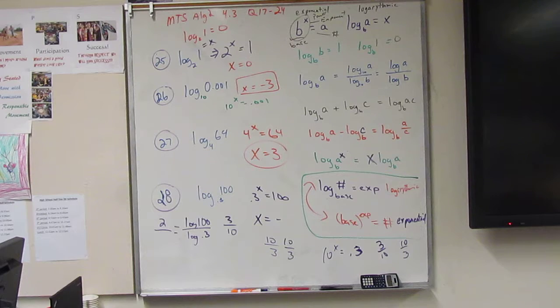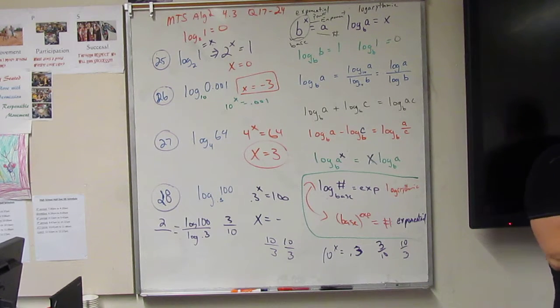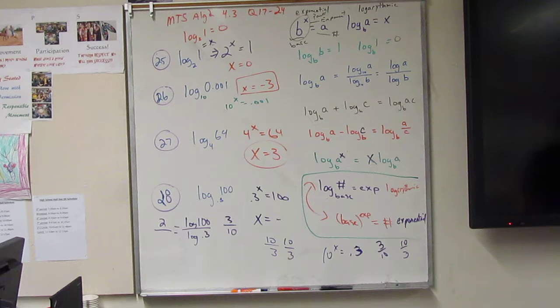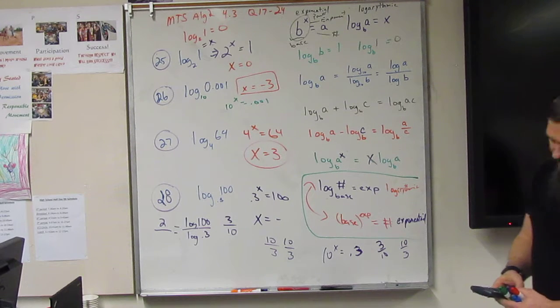So in this aspect, we look at it on the calculator. I have an idea that it's going to be somewhere between 2 and 3, but it's going to be a decimal. Doesn't seem like it's going to be nice.